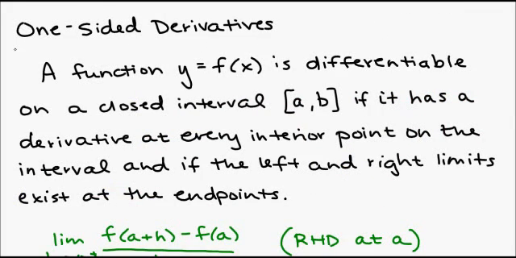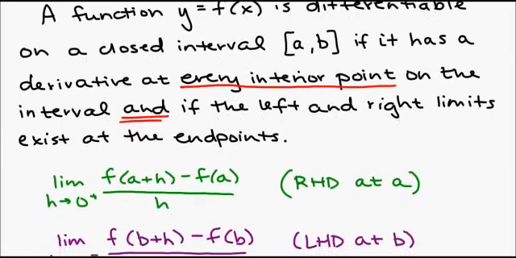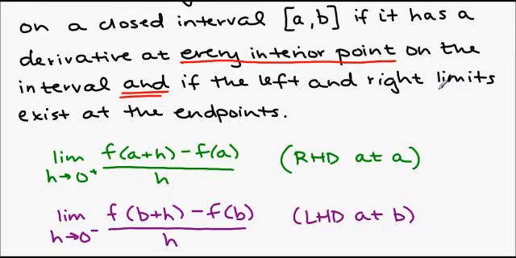Okay. Last up, one-sided derivatives. A function y equals f of x is differentiable on a closed interval a comma b if it has a derivative at every interior point on the interval, and if the left and right limits exist at the endpoints. So these limits exist.